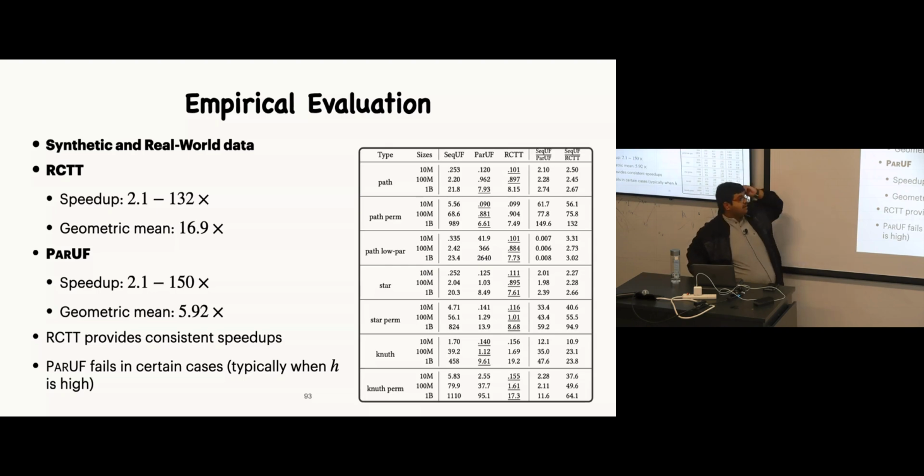And it turns out we get from 2 to at least 132x speedup using our RCT tracing algorithm. There's another baseline that we use, which is a very optimized implementation of the nearest neighbor chain, which also gets good speedup in general, but there are adversarial cases where it fails very badly. We implemented all of this in C++, and it's a 92 core machine with hyperthreading, and it's a shared memory system.